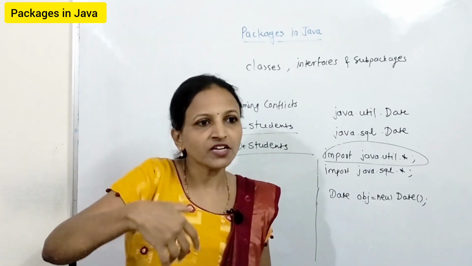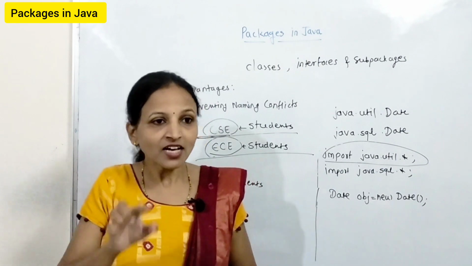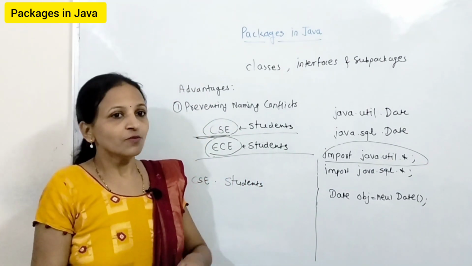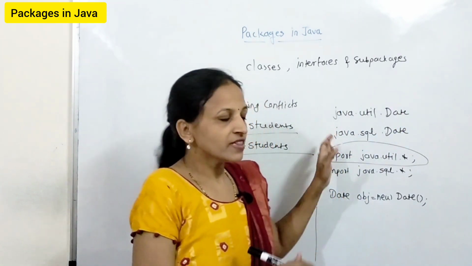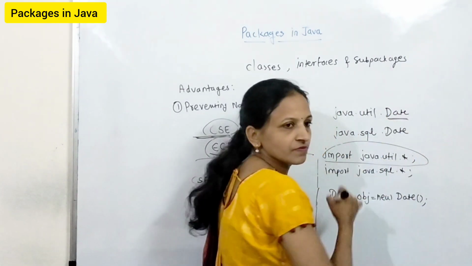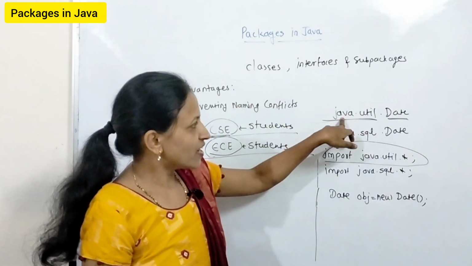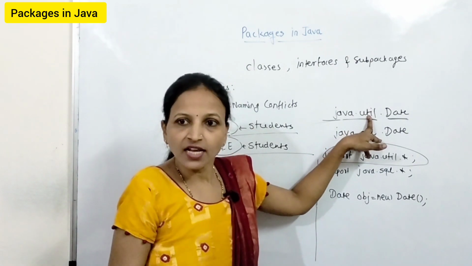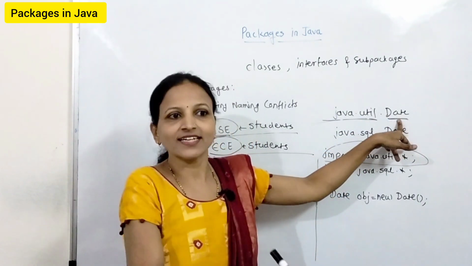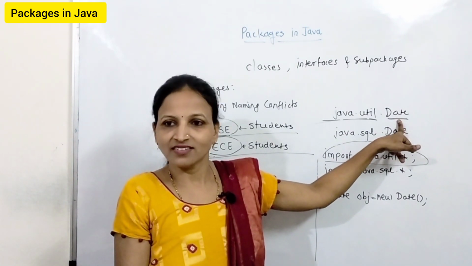One folder can have an internal subfolder and it again has files. The same thing is here. Whatever package I have written, this is a class and these two are folders. Like this, java is a main folder, inside that there is a subfolder util, and inside that there is a date class present, that is a class file.